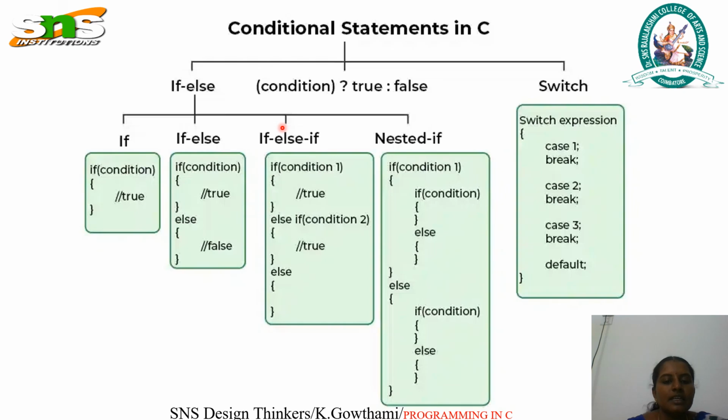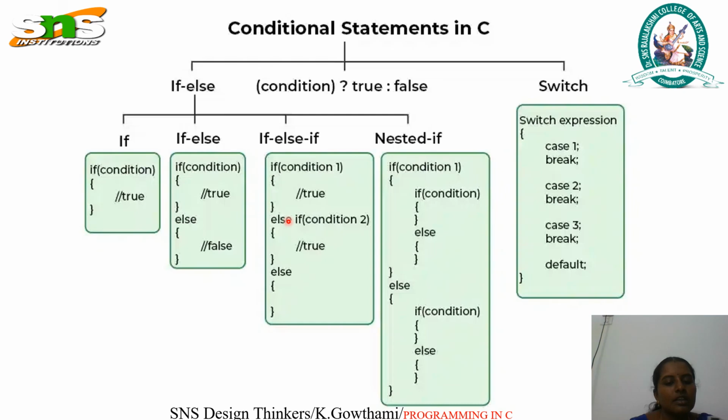Next, the third one is if else if, which is otherwise called the ladder if statement. In this type, the if has one condition; if the condition is true, execute that block. If the condition is false, the compiler goes to the else block.